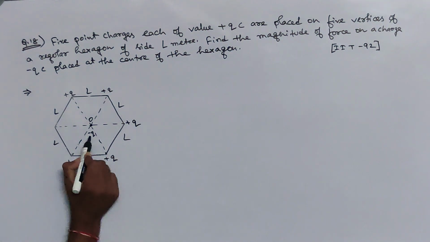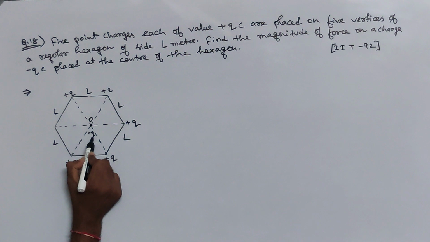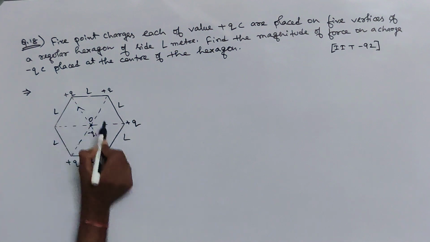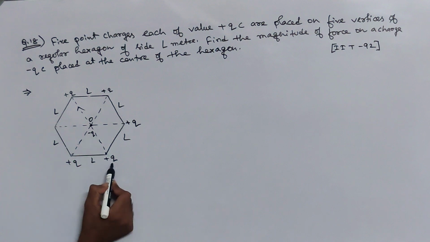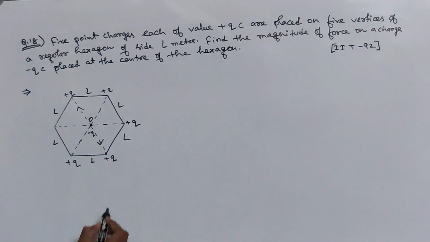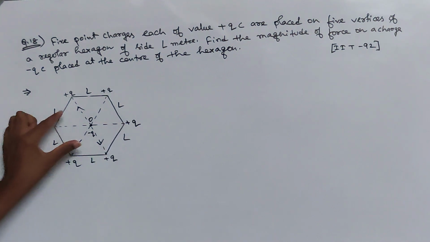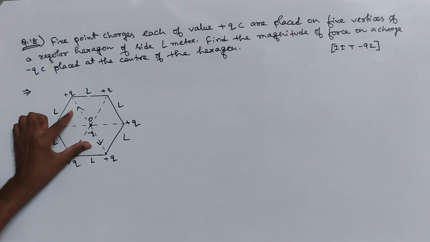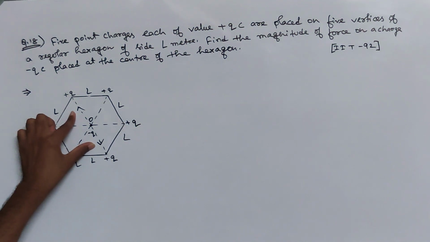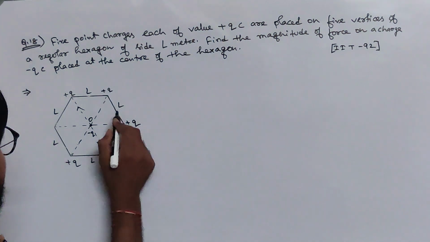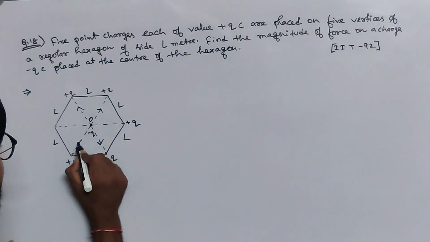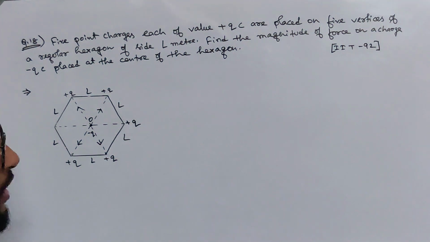See, this minus q coulomb charge will experience a force due to that plus q coulomb charge in this direction, and a force due to the plus q charge along this direction. These two forces are of exactly equal magnitude and in opposite directions, so they will cancel each other. Similarly, forces along this direction and this direction will also cancel each other.